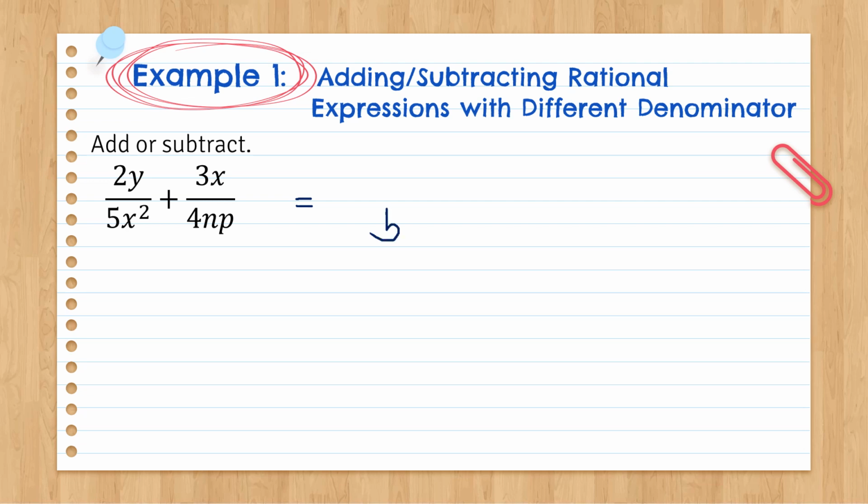So we have 5x squared times 4np. And then for our numerator, since our new denominator is the denominator of the two fractions, it is important to know that whatever you multiply to the original denominator, you are also going to multiply with the numerator.